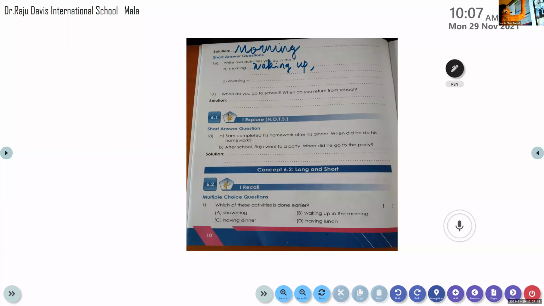Having breakfast. Waking up, having breakfast. You can write brushing teeth, taking bath, or going to school. Any 2 activities.